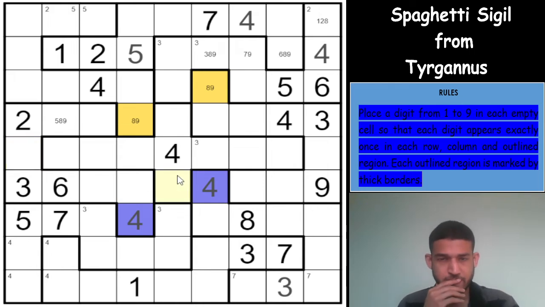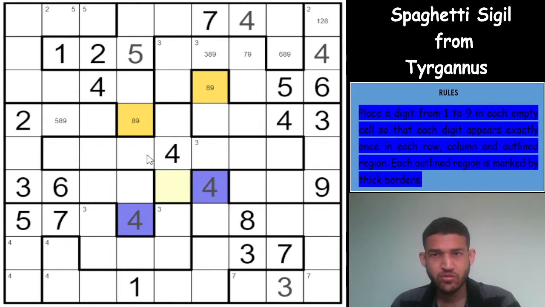Have to go here. So we do not know what these cells contain, right? Can they be 9? If they are 9, 9 must be in one of these two cells, and 9 must go here. Okay, I don't see a problem with that.